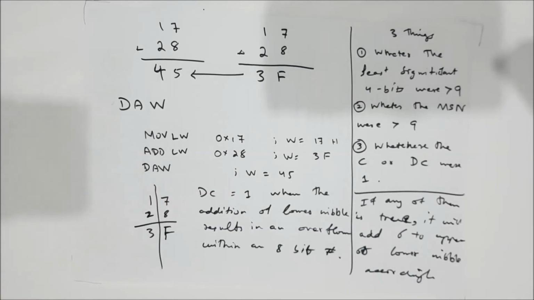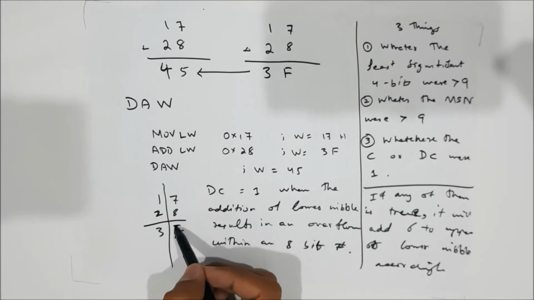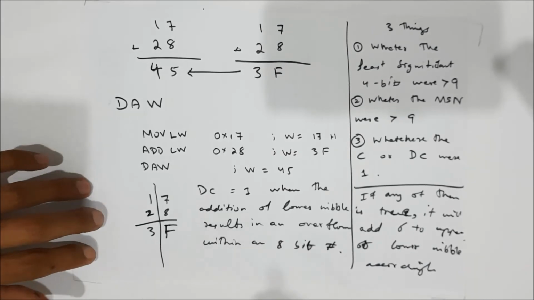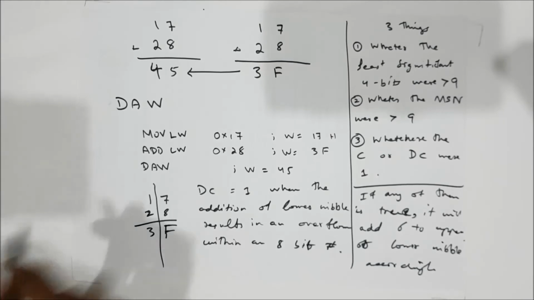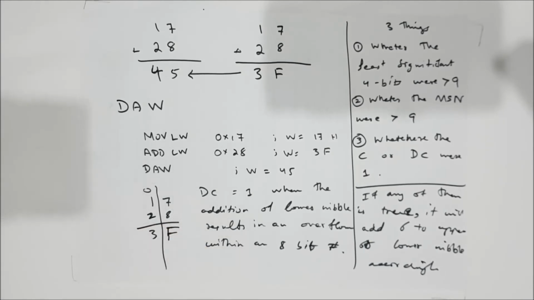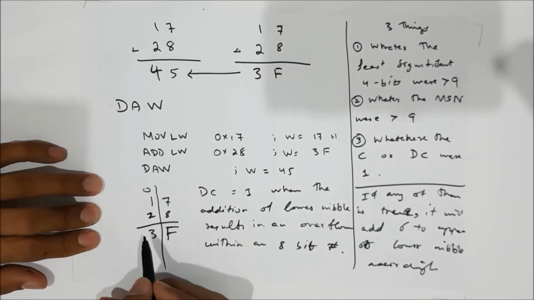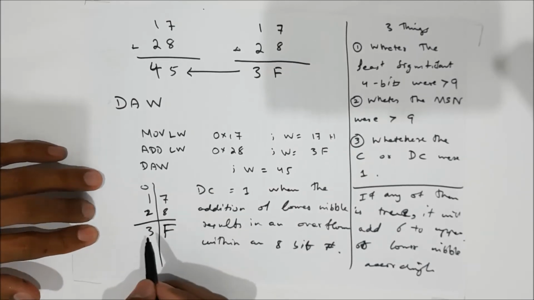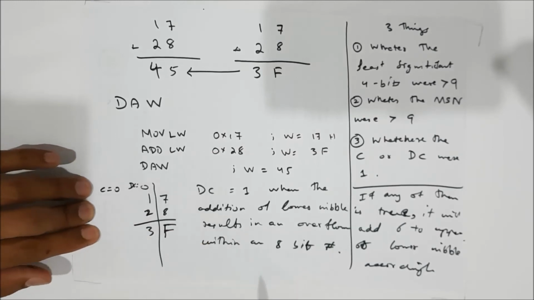In this case, there was no overflow. 7 plus 8 is 15, that is F. So F can be represented by a single 4-bit number. So the digital carry is 0. Also, 2 plus 1 is equal to 3 plus 0 is 3. So 3 can be represented by a single 4-bit number and the carry is equal to 0.